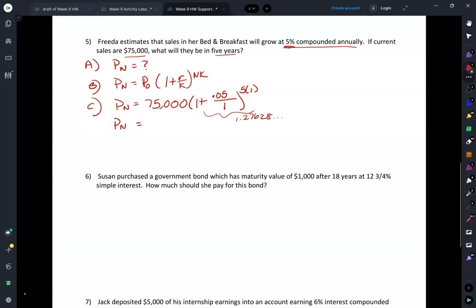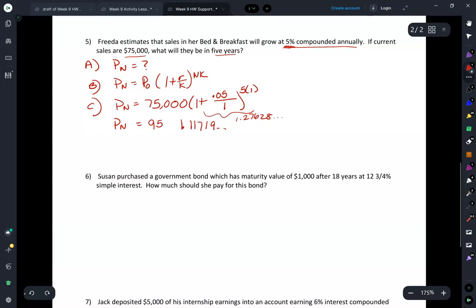And then times 75,000. So if you're not getting the right numbers, that means something's happening when you're typing it into your calculator that we should look at. And then this is $95,721 and 0.11719, so on and so forth.